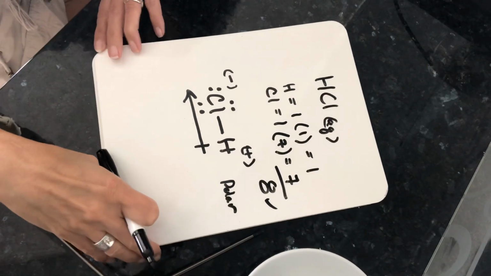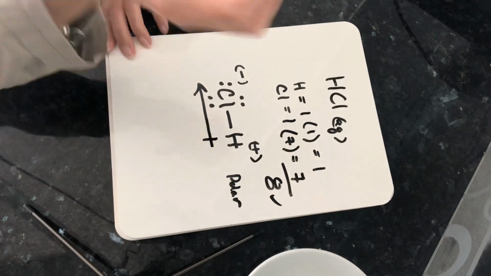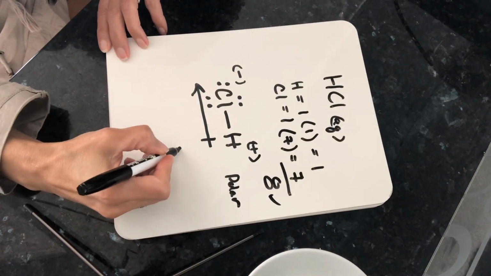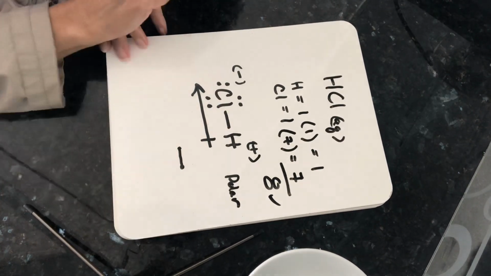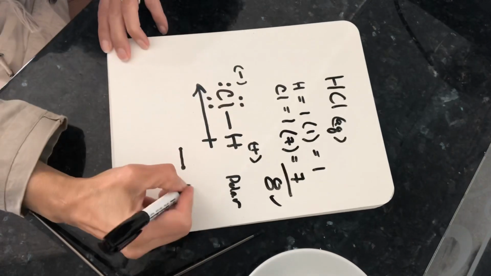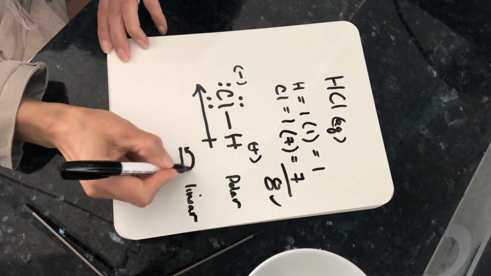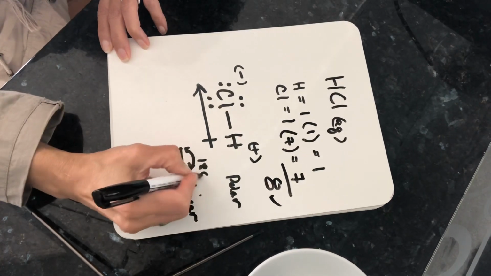The last thing I want to talk about is the shape of this molecule. We have a chlorine here attached to a hydrogen, and that shape is linear. And the angle for a line is 180 degrees.